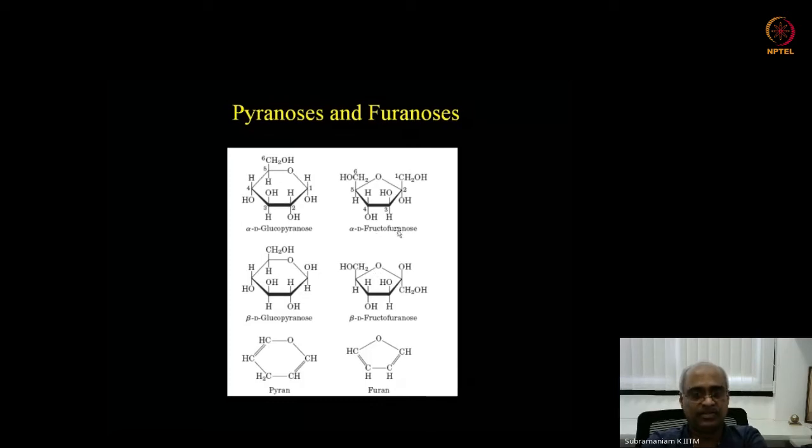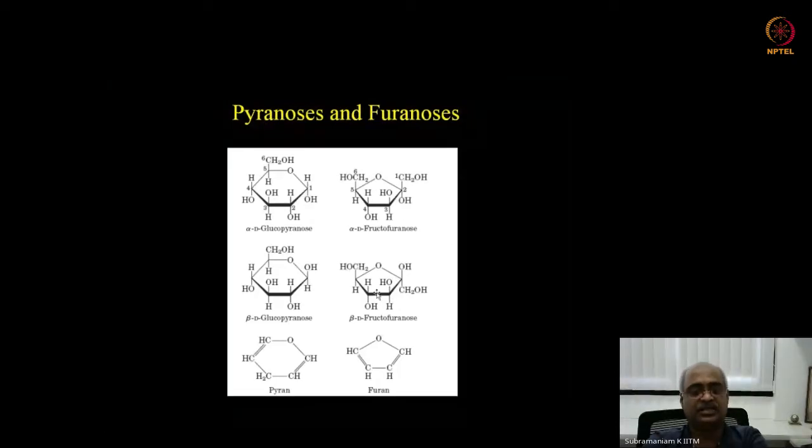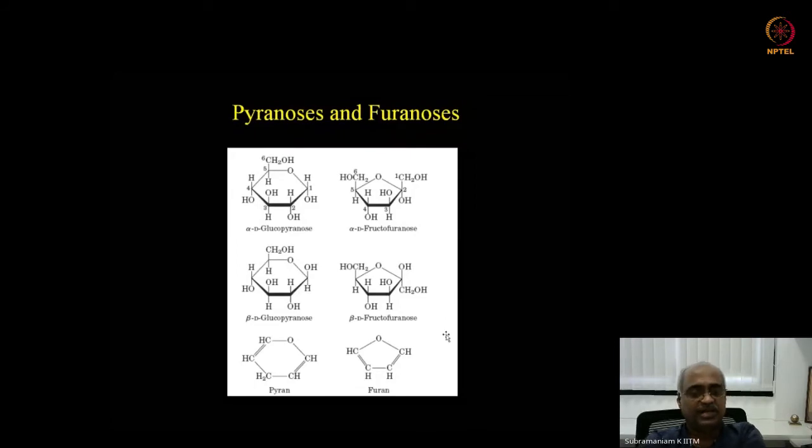So alpha-D-fructofuranose: D comes from the fifth carbon, and alpha is from the first carbon that formed the hemiketal structure here. So this is the basis for the nomenclature of the monosaccharides.